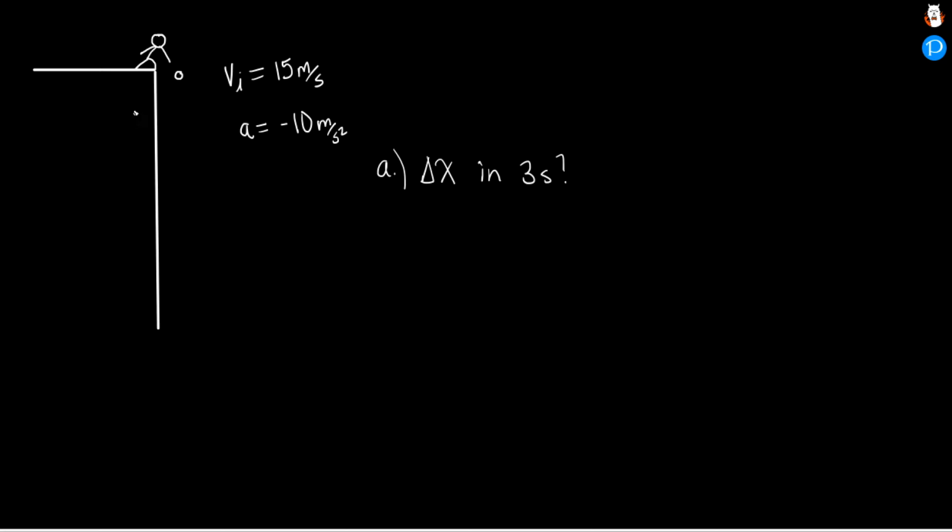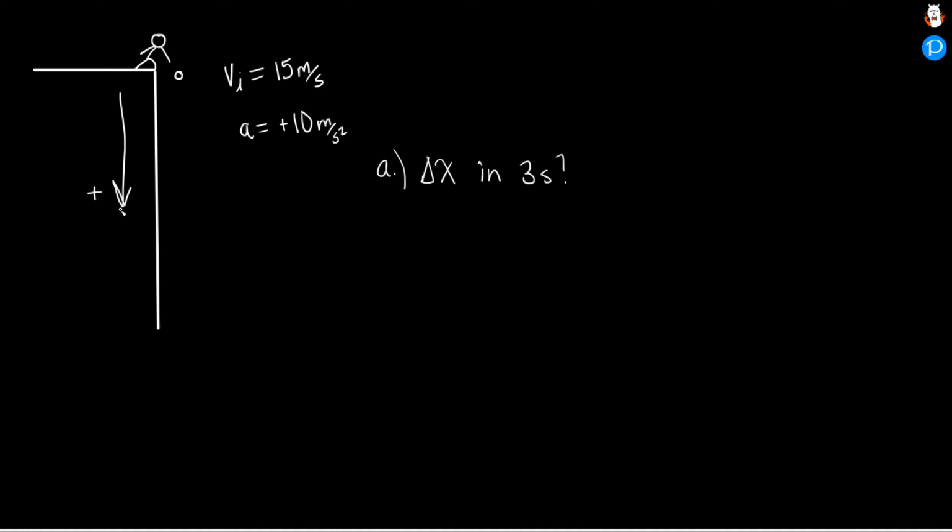The other thing I'm going to do actually in this case is I'm going to define that this direction here, the downward direction, just for fun, to make it a little easier, as the positive direction. Normally we say that downwards is the negative direction, but in this case I want to make the math a little easier for me, so I'm going to make this the positive direction, which means that this acceleration now is going to be positive, and this is going to stay positive 15 meters per second.